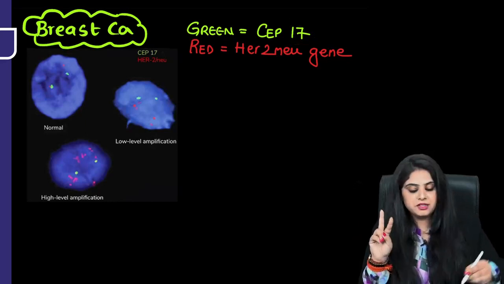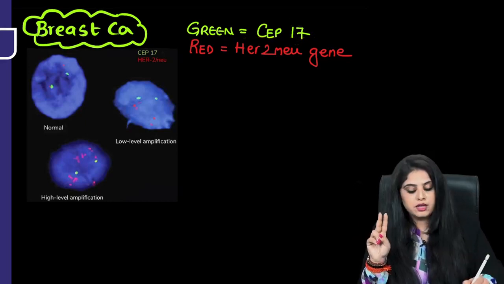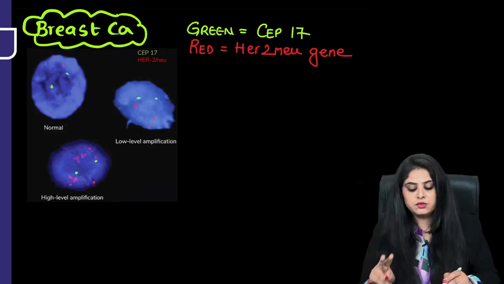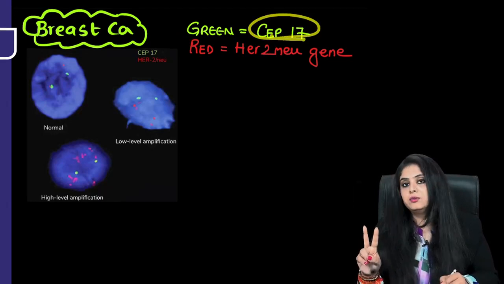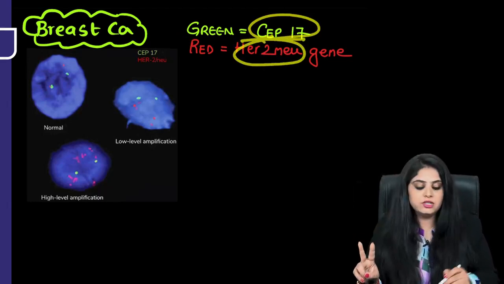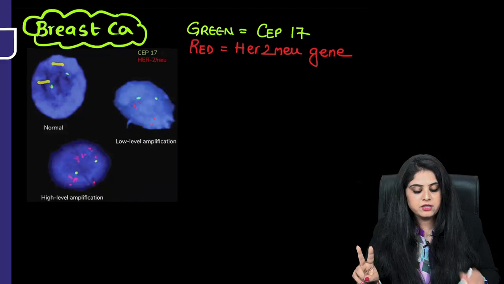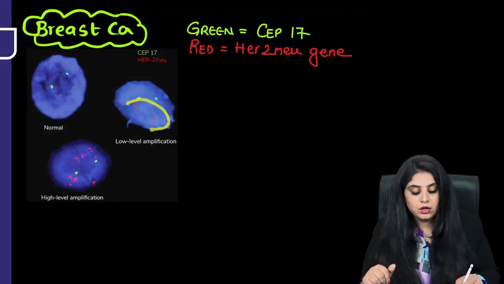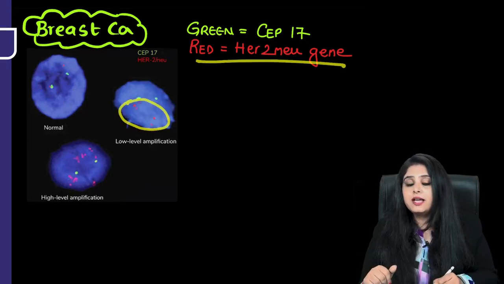We always have pairs. So green color will always be two. 1, 2. Green color is always gonna be 2. 17 chromosome is always 2. If there are 2 17 chromosomes, there should be 2 HER2/neu genes. Absolutely. Red color should also be 1, 2. Correct. So green color is also 2 and red color is also 2. This is normal. But here I see lots of red color. HER2/neu is getting amplified.